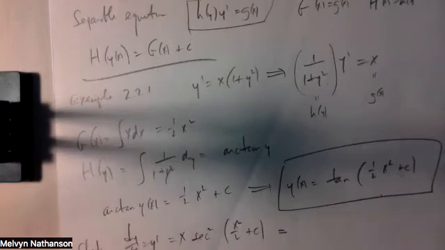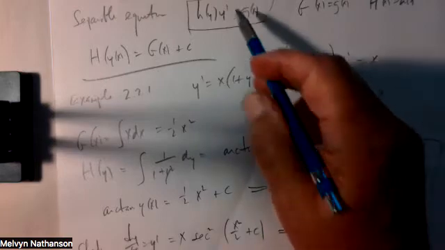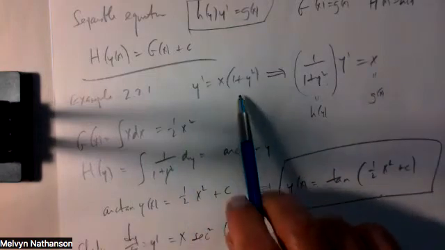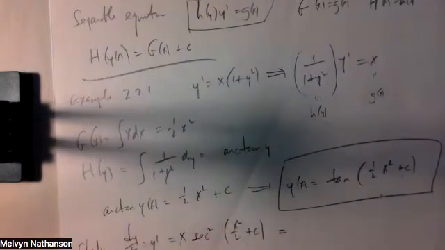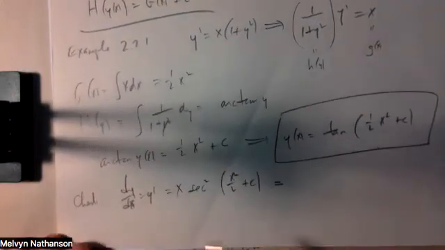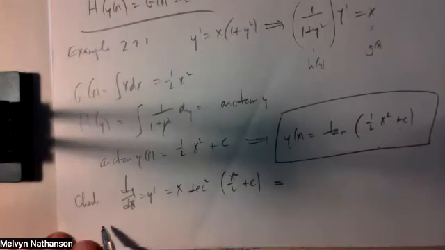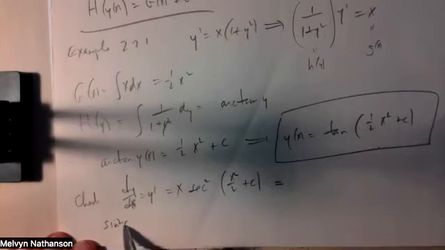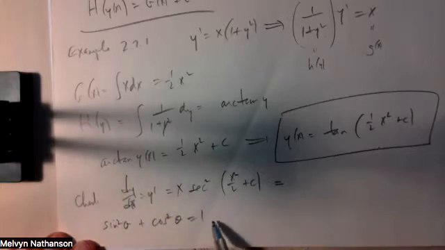Let's see. How can we get from that back to our equation? I guess we have to remember some elementary trig. The basic trig identity is for any angle theta, sine squared theta plus cosine squared theta equals 1.